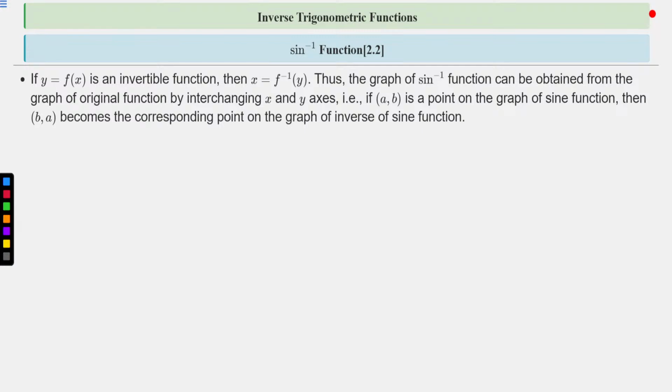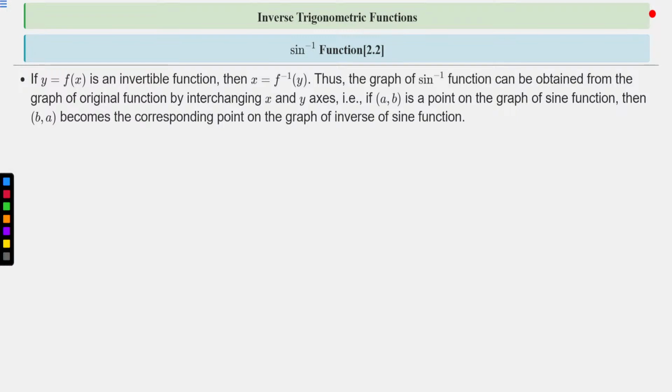So let us discuss the sine inverse function. If y is equal to f(x) is an invertible function, then x is equal to f inverse of y. Thus the graph of the sine inverse function can be obtained from the graph of the original function by interchanging x and y.